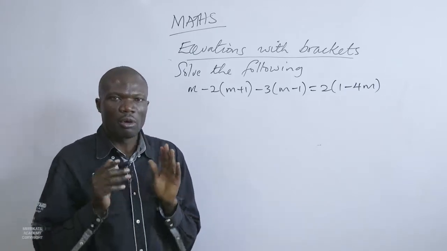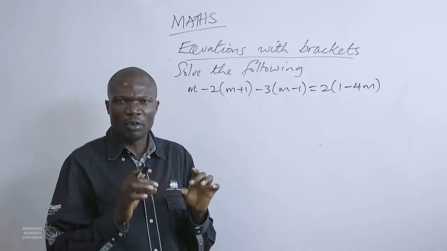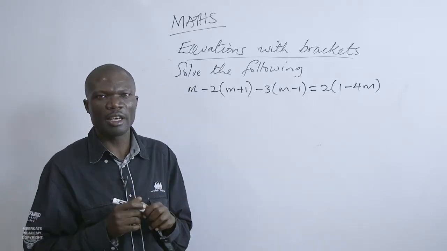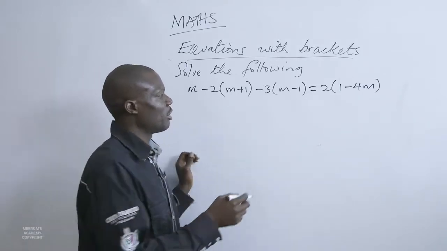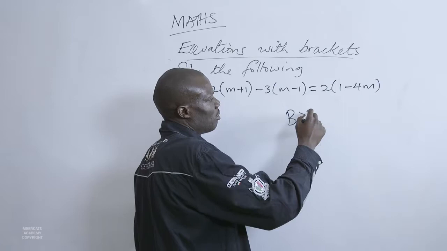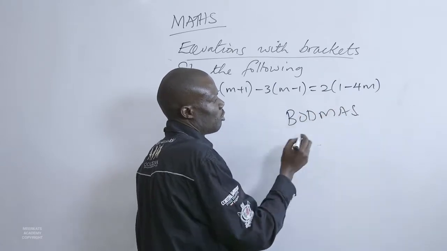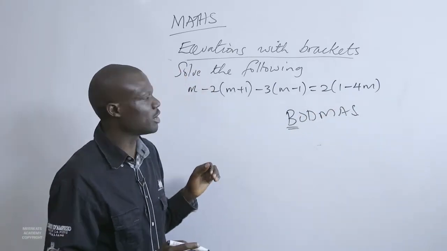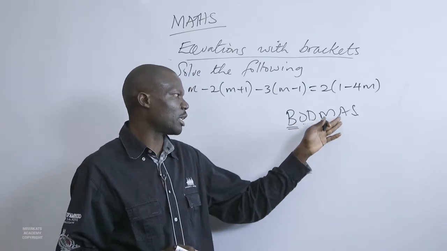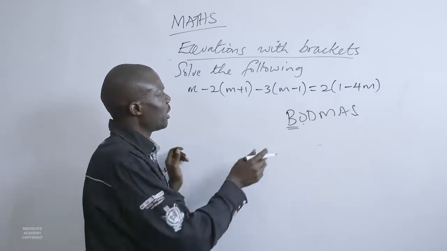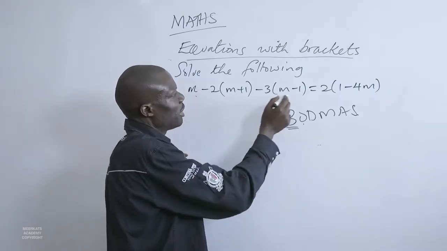As we saw earlier, the very first important thing that we normally use when we are working with brackets is something we call BODMAS, where we shall first deal with the brackets, then order, division, multiplication, addition, and subtraction. So here we cannot start dealing with anything else.